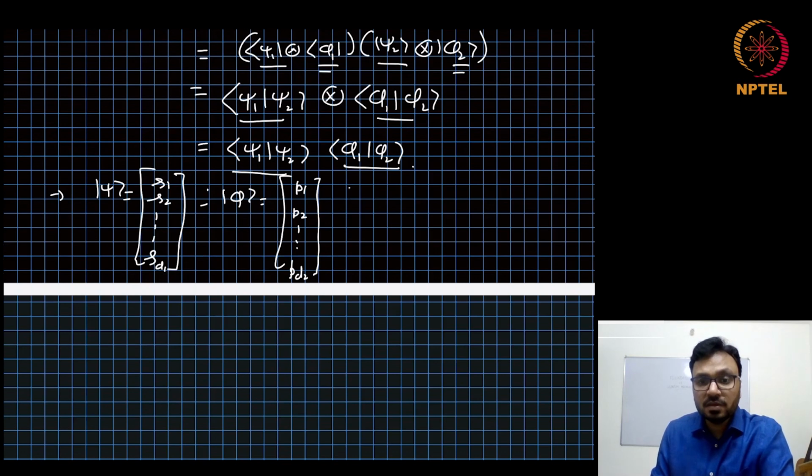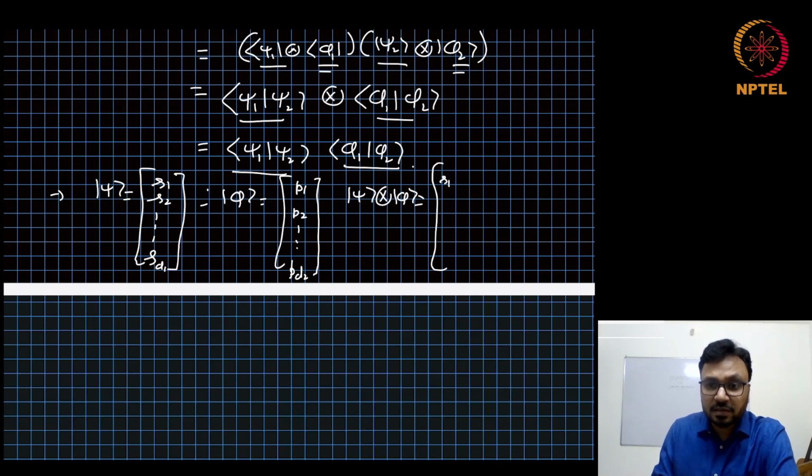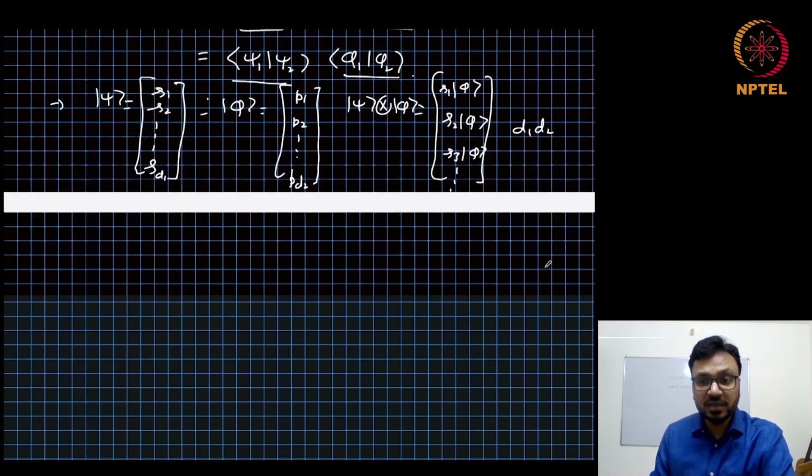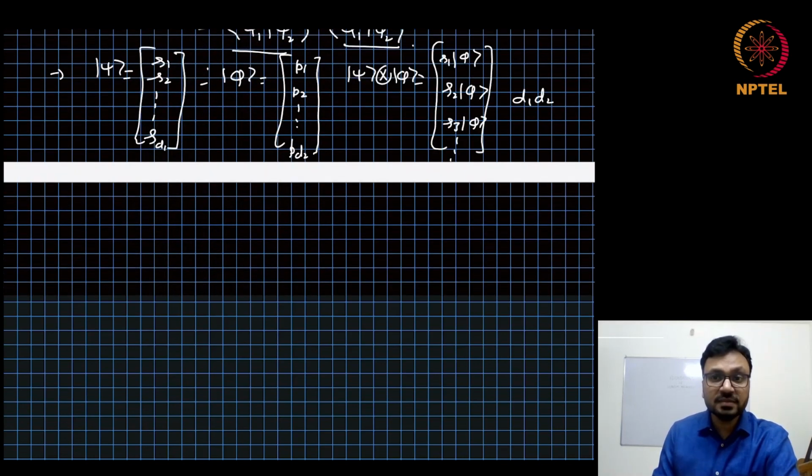Then psi tensor phi will be s1 times phi, s2 times phi, s3 times phi, and so on. So it will be a vector of dimension d1 times d2, and the elements will be written like this. So it's just a shorthand way of writing.